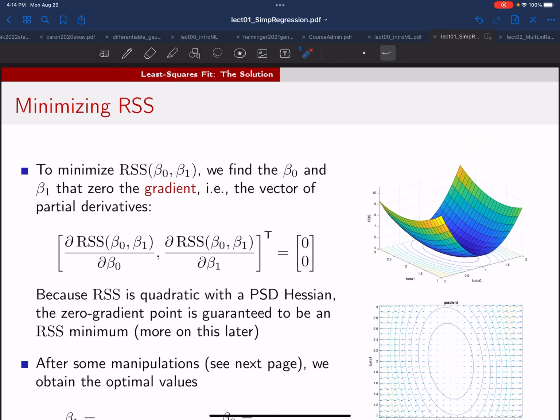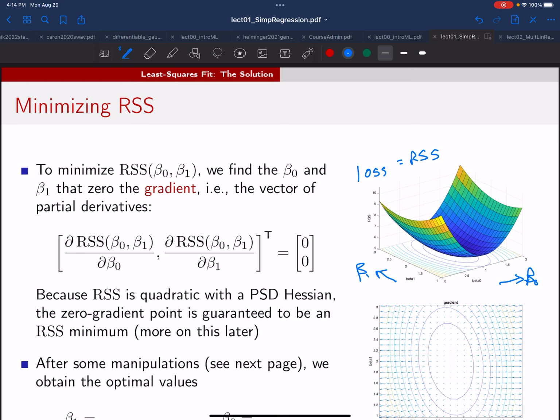If you see, this is beta 0, this is beta 1. We can visualize this is the loss, which is RSS. We can visualize what that looks like. So again, we want to minimize our loss, right?